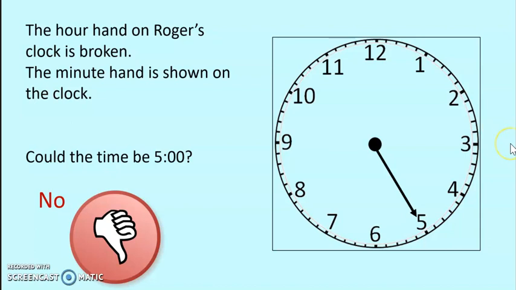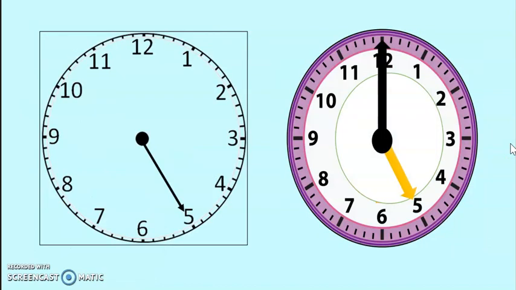So we know that this clock could not be 5 o'clock. This is what it would look like. This clock, the purple one, shows 5 o'clock. You can see that the hour hand is the shorter hand, and that is pointing at the 5. And the minute hand, which is the longer hand, is on the 12 to begin the new hour.